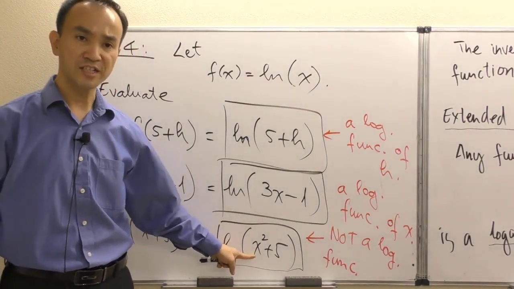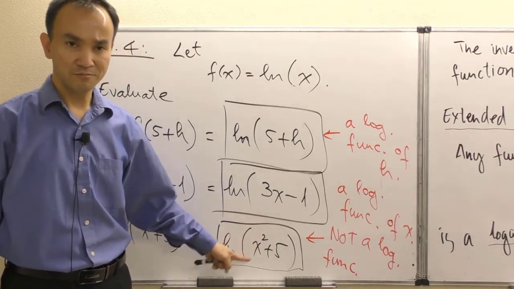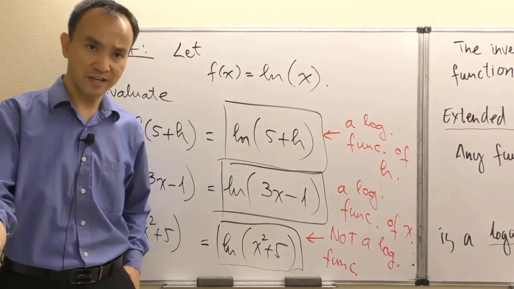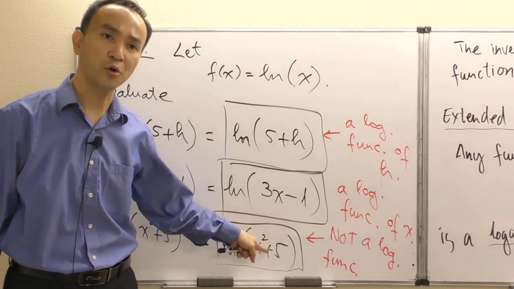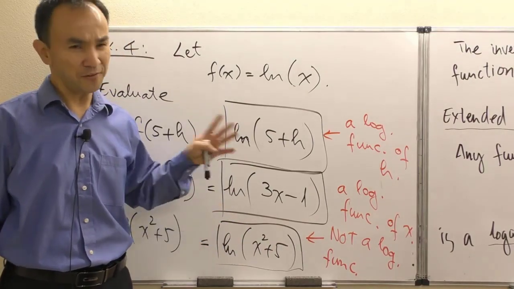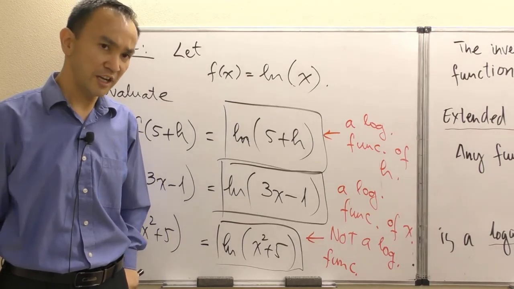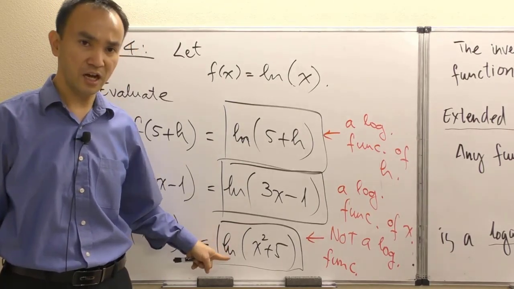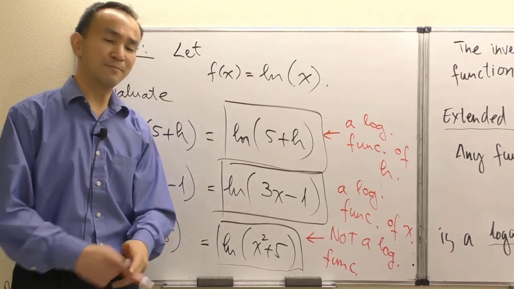The expression inside of that is a quadratic, other than a linear expression. And as a matter of fact, it's an irreducible quadratic here. So something like this, you can call it a function involving log, a function with log involved, but I wouldn't call this thing a logarithmic function. All right, so that's all for this example number 4 right now.